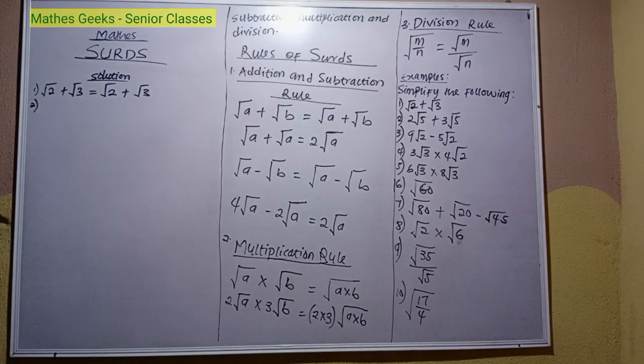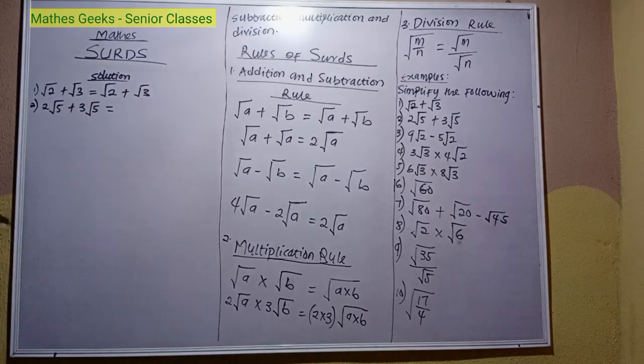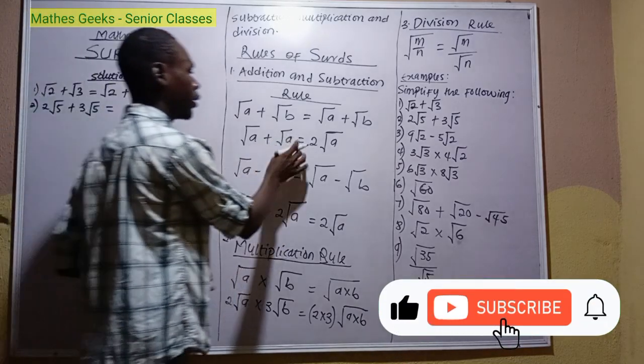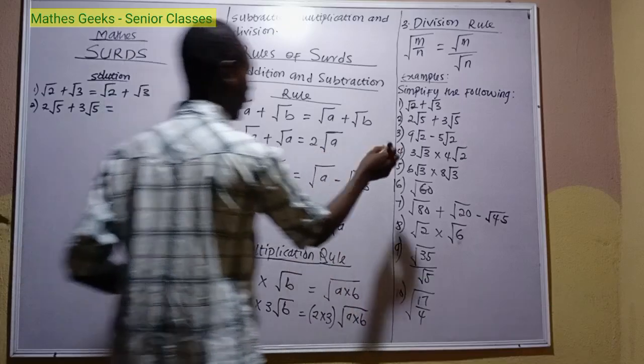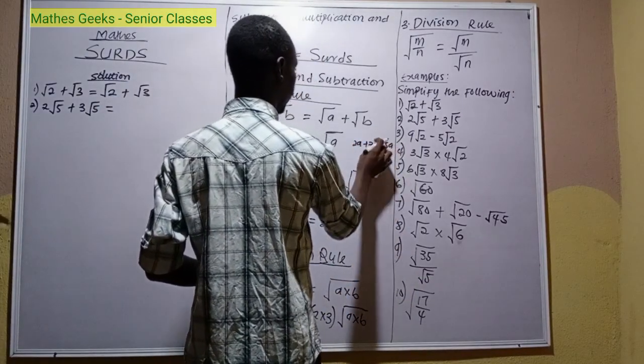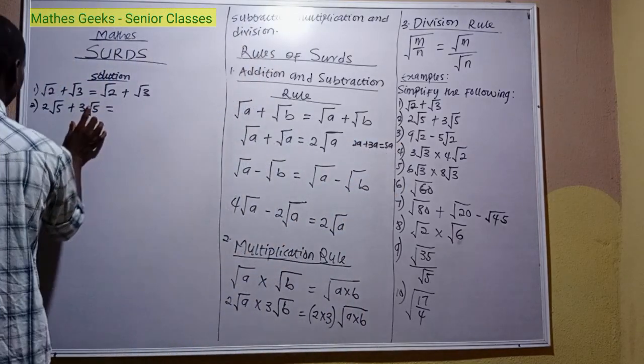Number 2, 2 root 5 plus 3 root 5. We can only add algebraically, just as we do if it were an algebraic expression, when the roots are the same. Just like when I was explaining, if we have 2e plus 3e equal to 5e, since the letters are the same, or we say like terms, but here we say like roots.